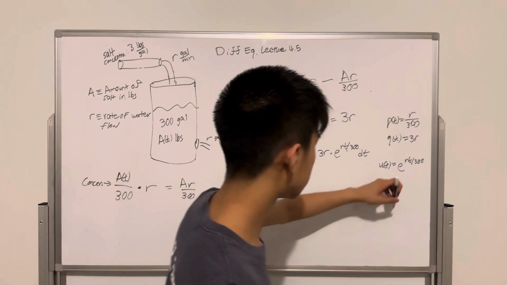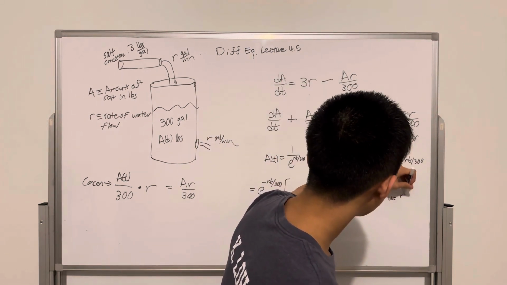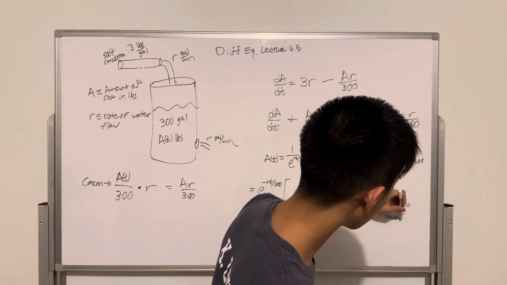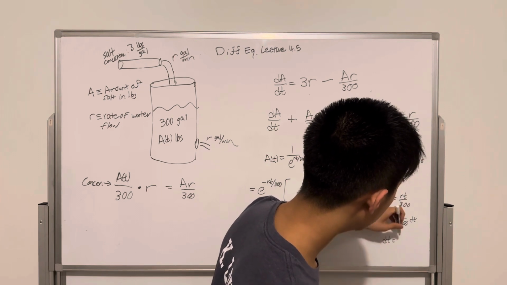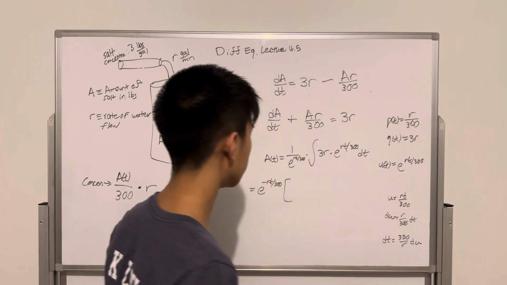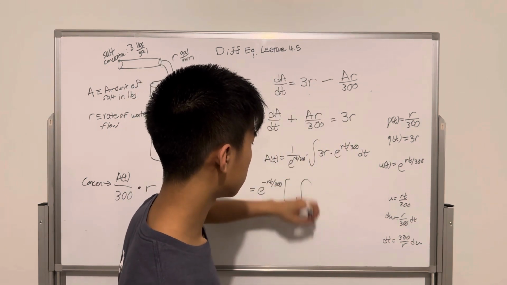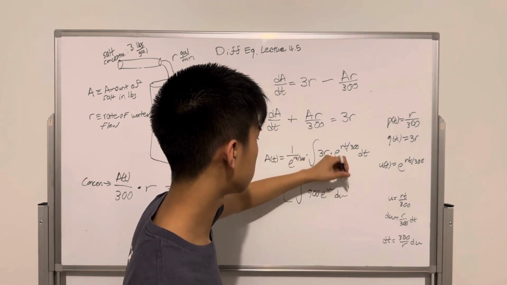So we can just say that u is equal to rt over 300. Then du is equal to r over 300 dt, which would mean dt is equal to 300 over r du. So we would end up getting the integral of 900 e to the u du.